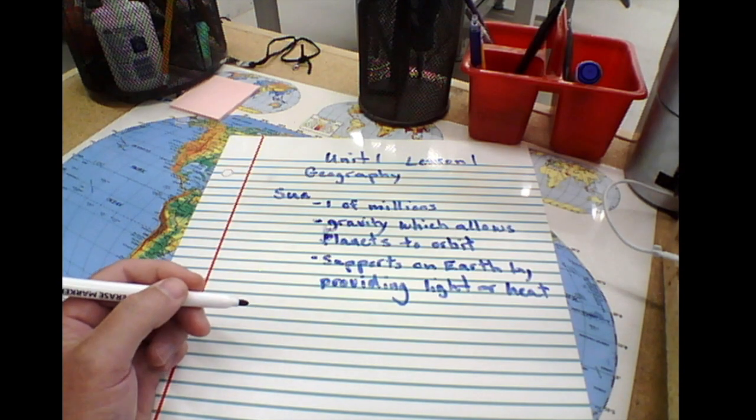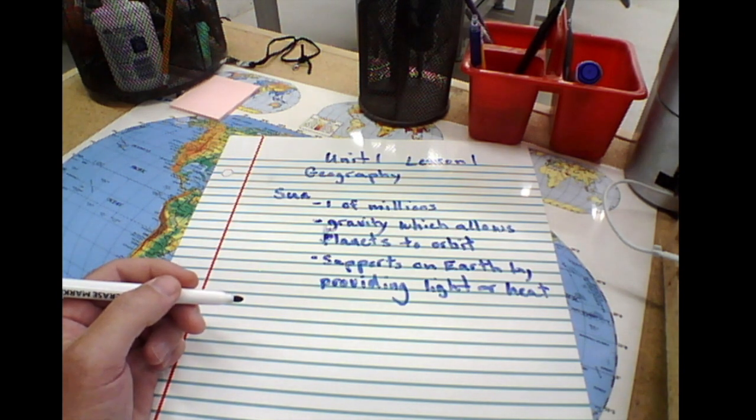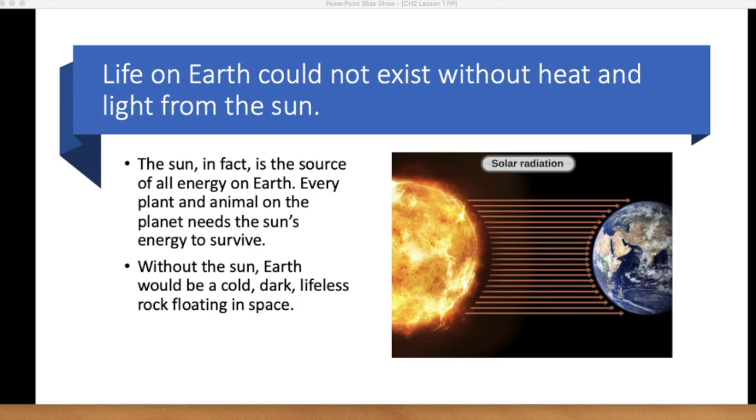Pretty good. Without the sun, Earth would be cold, it would be dark, it would be a lifeless rock floating in space.